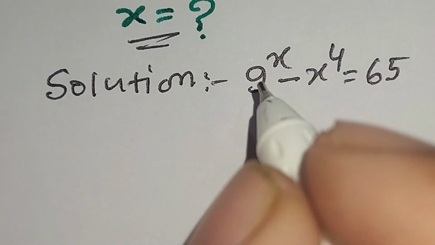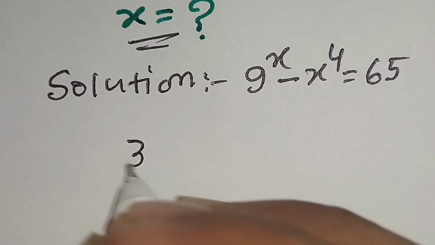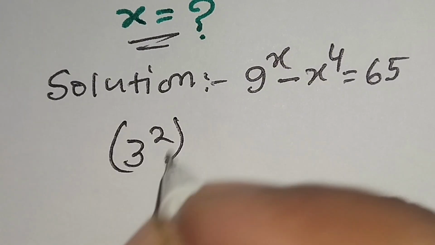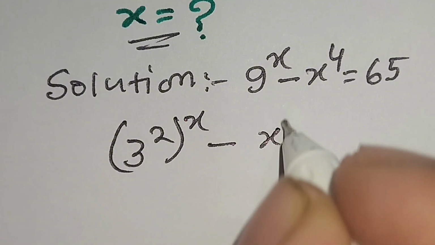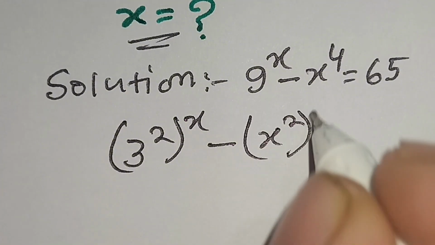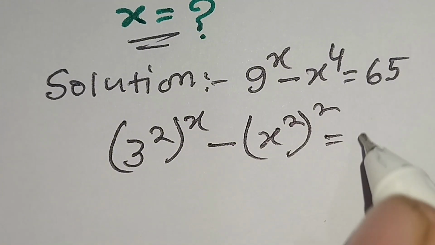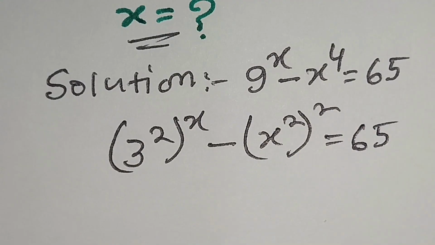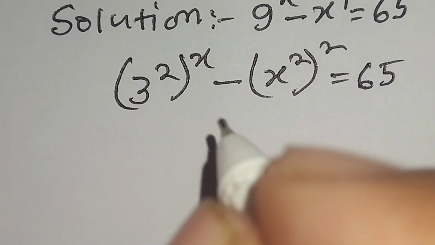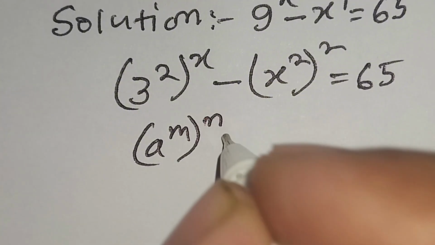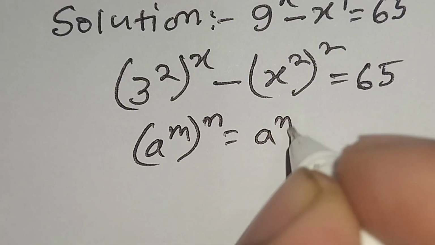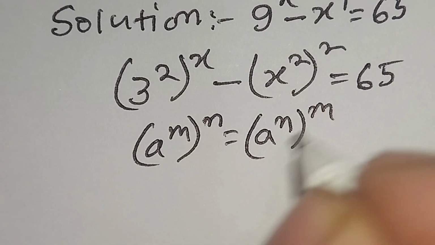We can write this 9 to the power x as (3 square) whole power x, and we can write this x to the power 4 as (x square) whole square, is equal to 65. We know a to the power m whole power n is equal to a to the power n whole power m.